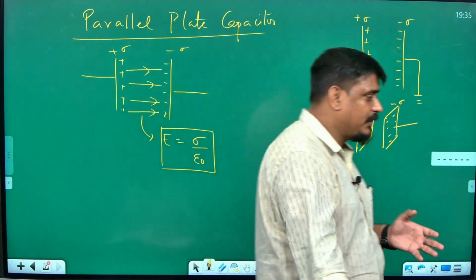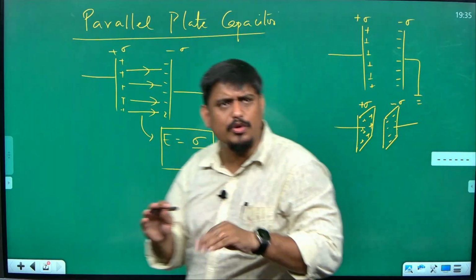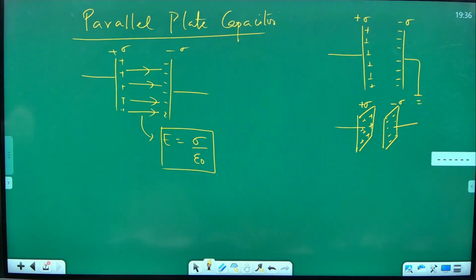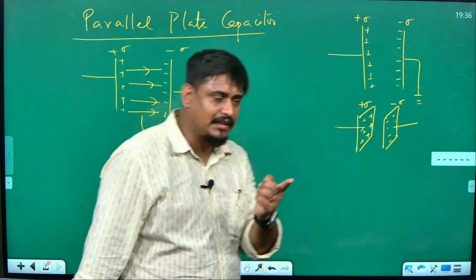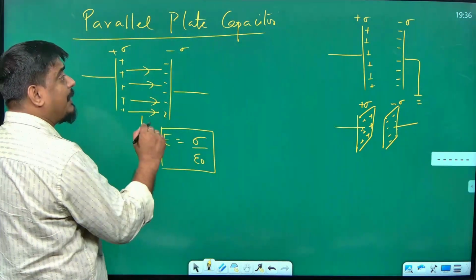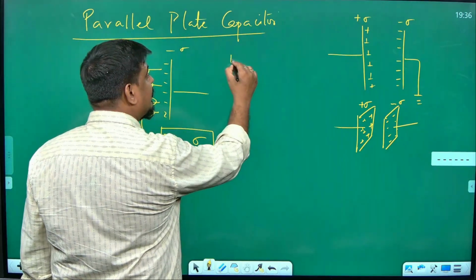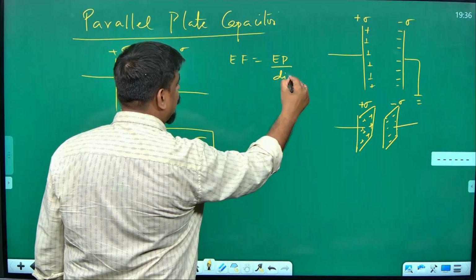Some of you may be a little new who have not learned the previous chapter, may have a little difficulty, but for now you can understand, you can remember this. I will teach anyhow. So electric field is sigma by epsilon naught. Also in this chapter, in the previous class, I told you the relationship between electric field and electric potential, where I told you that electric field is always equal to electric potential by distance. Did I say this to you?